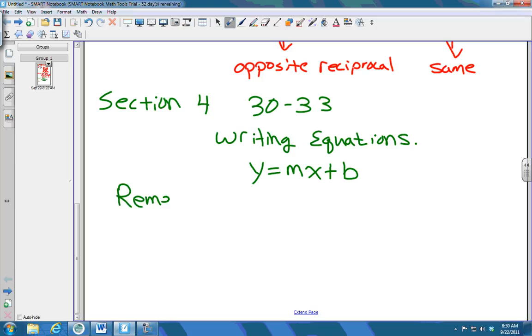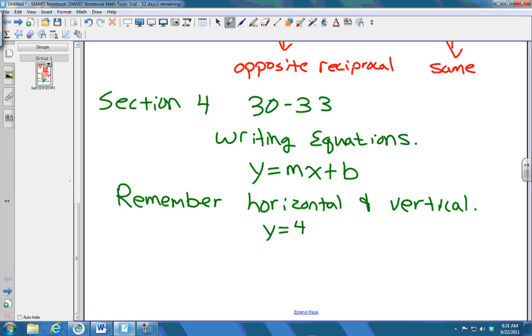Remember, horizontal and vertical. Those are the special cases. Y equals mx plus b will not work on horizontal and vertical lines. So you have to remember those. Horizontal lines will always be y equals something.